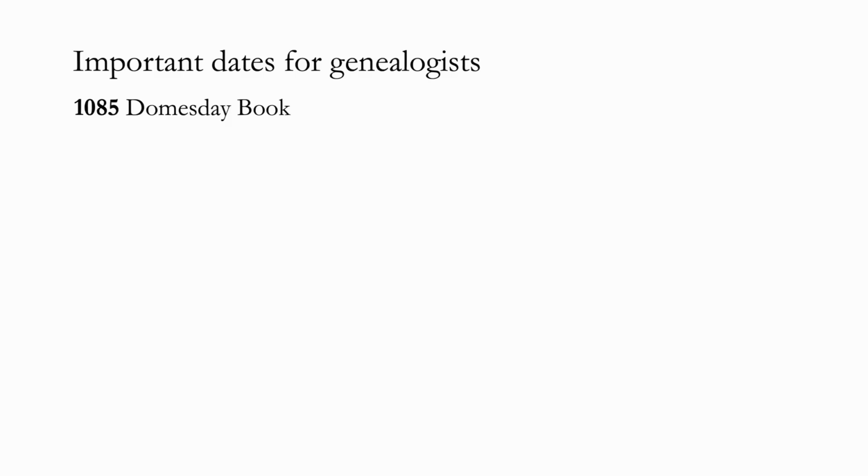And the first one we need to understand is the Doomsday Book, and that's back in 1085. Why is that important? Well, because it's the first written attempt that we have that records a significant number of people. Previous records, and even subsequent to 1085, focus primarily on royalty and some nobility.